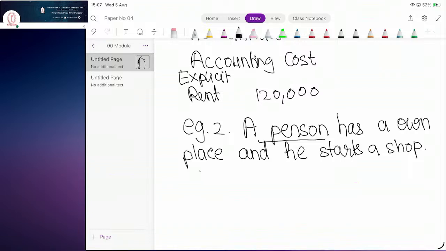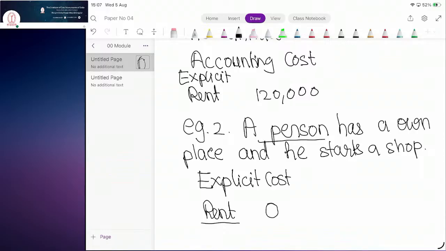If you think of explicit cost in the accounting books, what is the status? There is no rent, correct? Why is there no rent? It is his own property, so he cannot charge rent on his own property, correct? So it will not go in as an explicit cost.